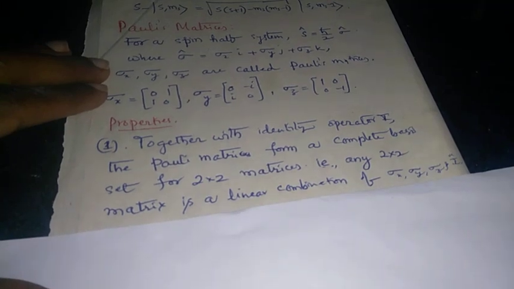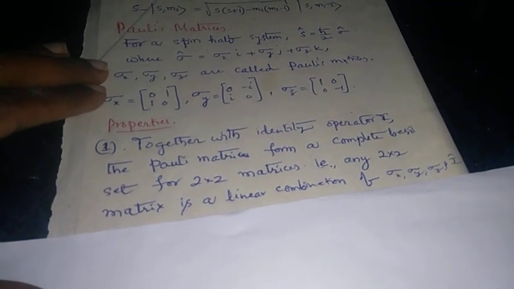That means any 2 by 2 matrix can be written as a linear combination of sigma x, sigma y, sigma z, and identity operator I. Second property: the trace of a square matrix is defined as a summation of all diagonal elements. And if you compute the trace of any of these sigma x, sigma y, and sigma z, it will be 0.